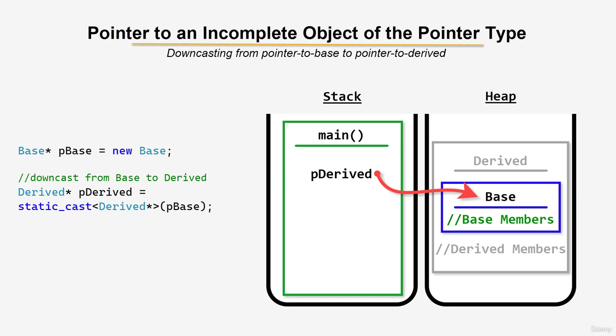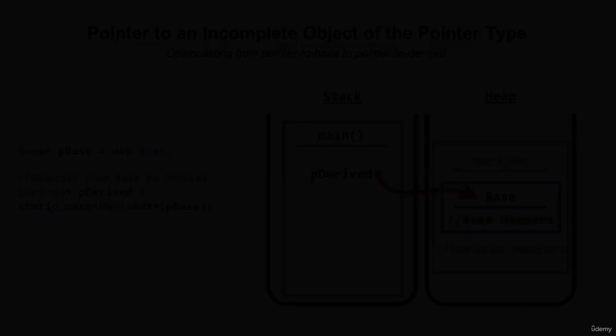Of course, if you have a pointer to a base and on the heap you have a derived object allocated, then you won't have an issue because from the pointer to a base, you will be able to access all of the members from the base class part of that derived object that is on the heap. So that is fine. But if you have a pointer to a derived and you have a base class object allocated, then of course you can have some issues. So that is referred to as having a pointer to an incomplete object of the pointer type.